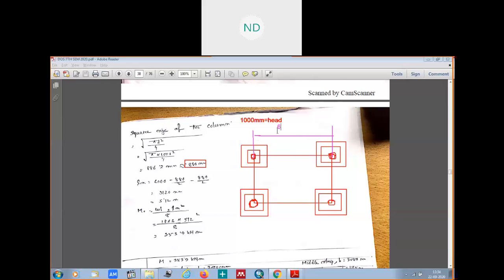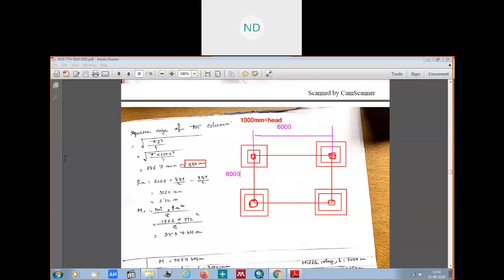This is 6,000, and this side is also 6,000, 6,000 from center to center. Now we got the square size of the column head to be 880 mm.